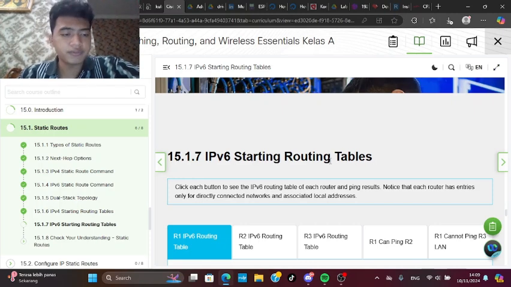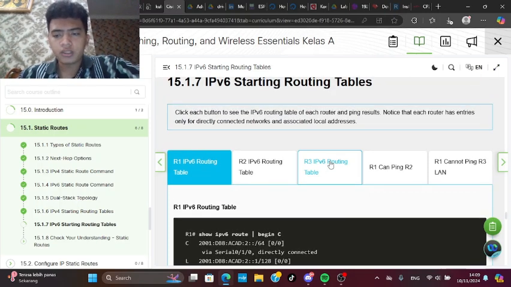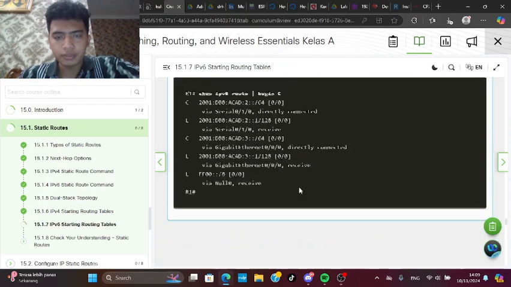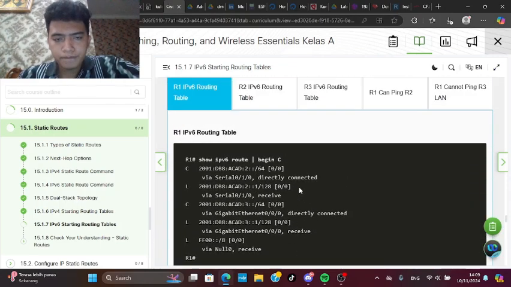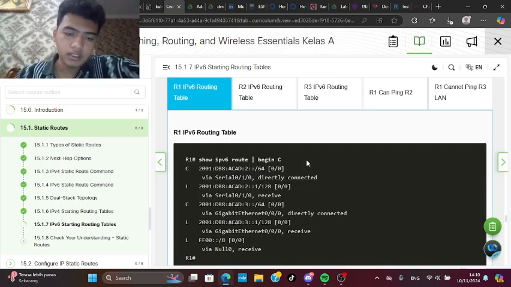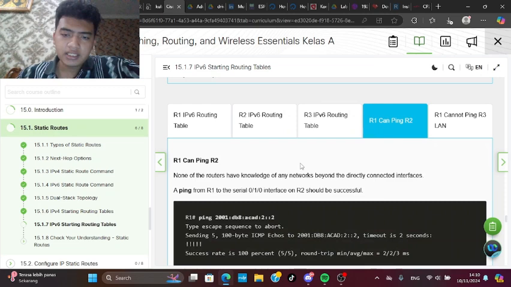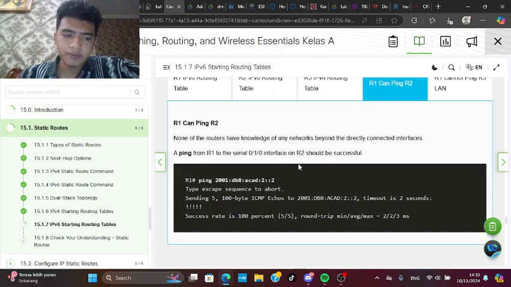That is for IP version 4 starting routing tables. Okay, so for IP version 6 starting routing tables, it's kind of like the same as IP version 4.